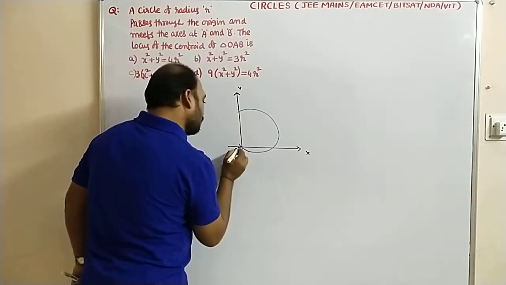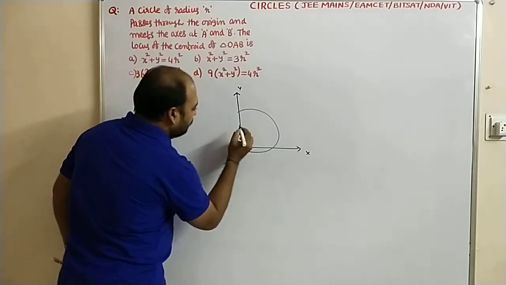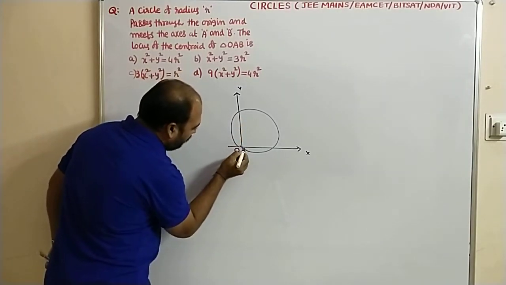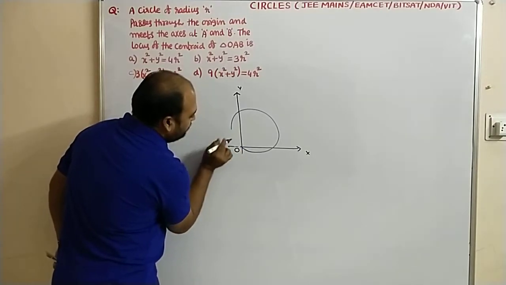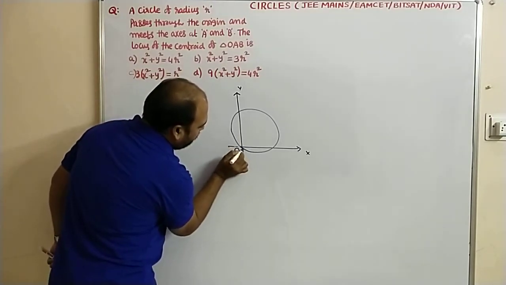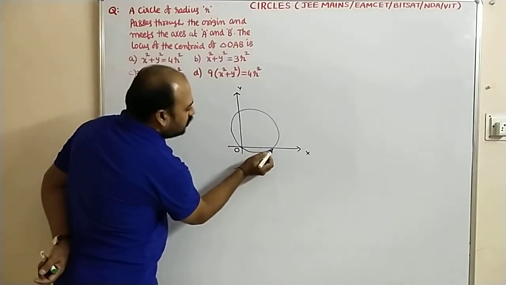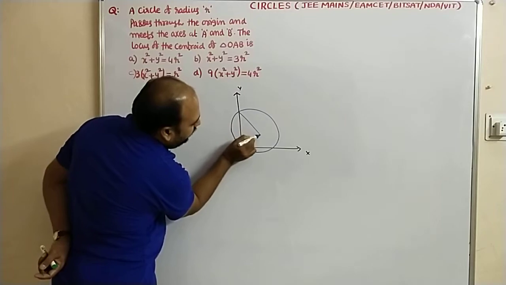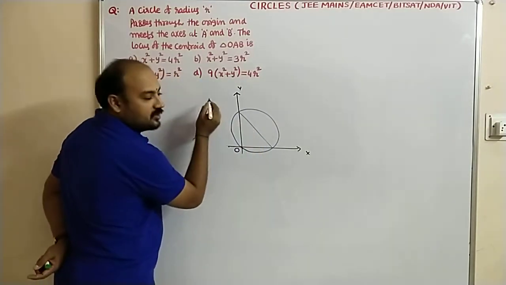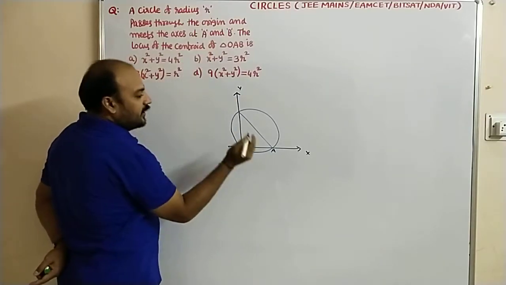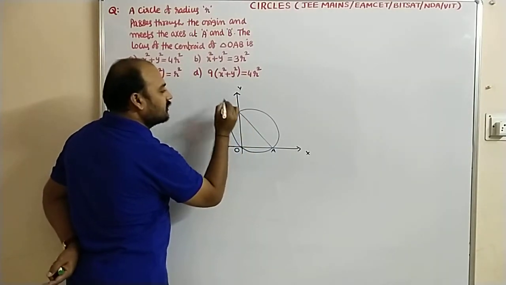It is just a rough diagram, I am not an artist. If we join these two, it is the diameter of the circle, which cuts the coordinate axes at A and B respectively.